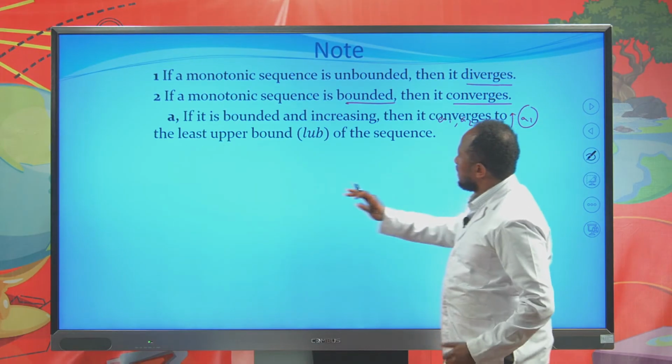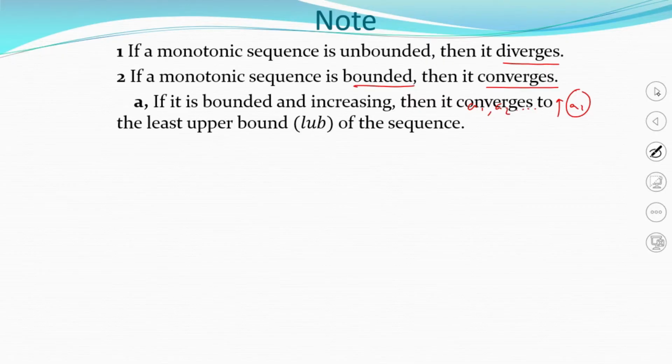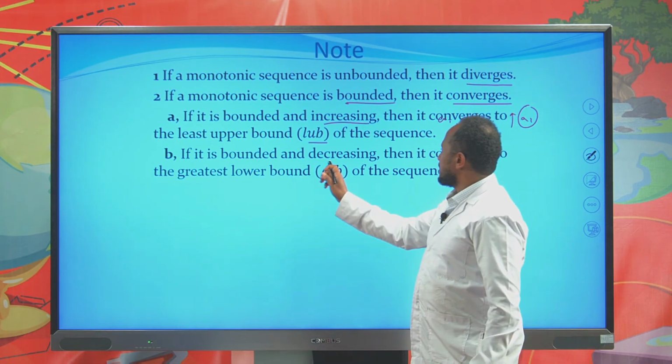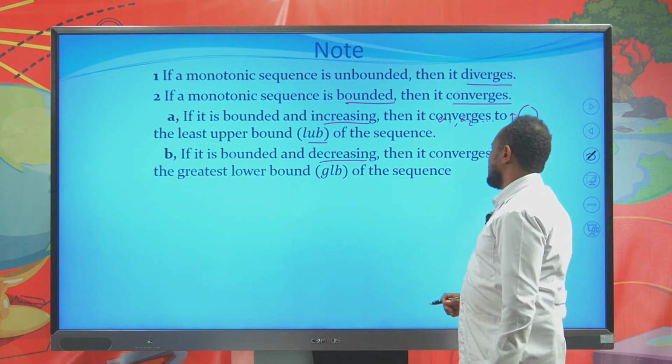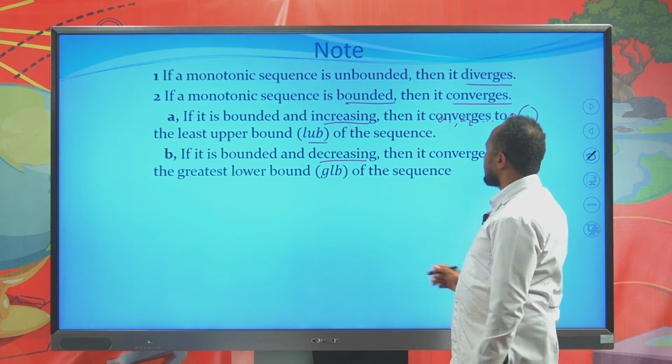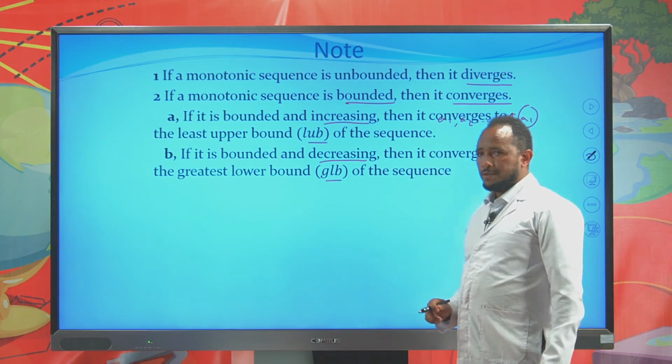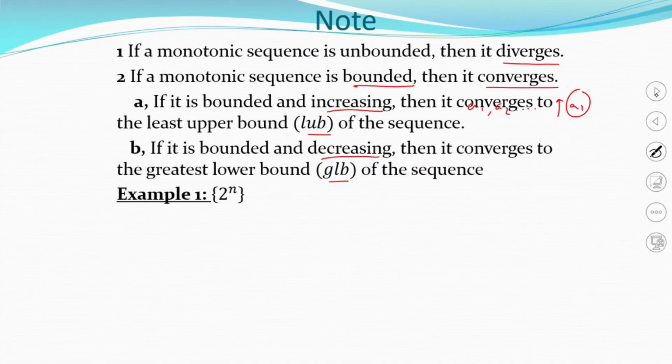So this is it. If it is a bounded and increasing sequence, it converges to its least upper bound. If it is a decreasing and bounded sequence, it converges to the greatest lower bound of the sequence. Now, let's see an example for this.